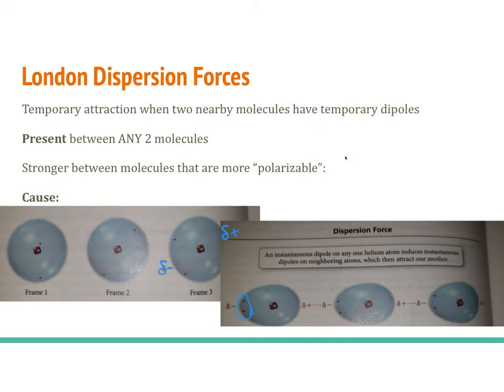Things that make an electron cloud more polarizable would be a longer molecule, because a longer molecule allows the electrons to separate more, so you get more charge separation. That's going to be a stronger, more polar molecule, even though it's temporary, because it can get more charge separation.